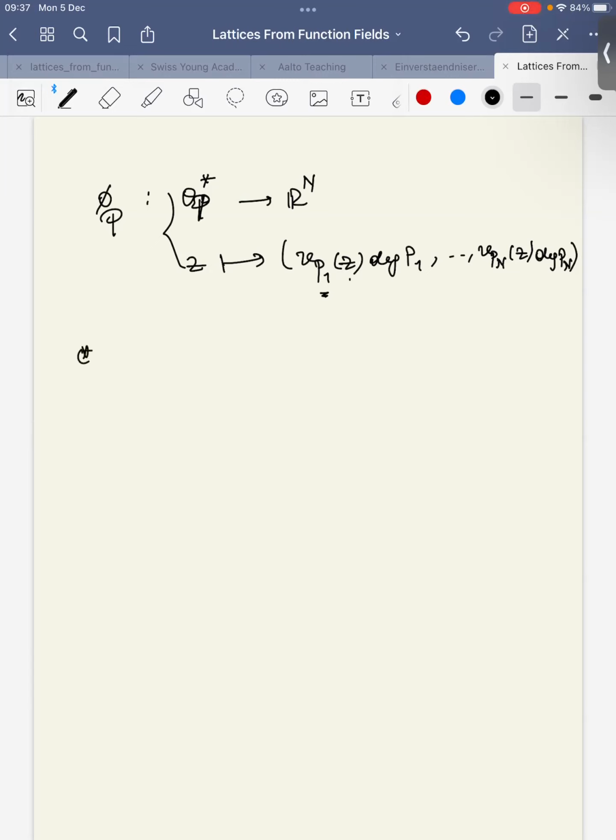So one of the exercises will be to verify that phi_P is a group homomorphism. So here note that we have the multiplicative notion, and here we consider the group structure with respect to addition. And what is called the function field lattice is the image of this map phi_P.